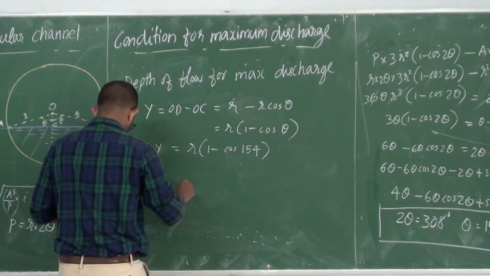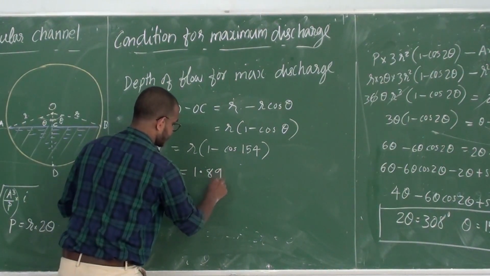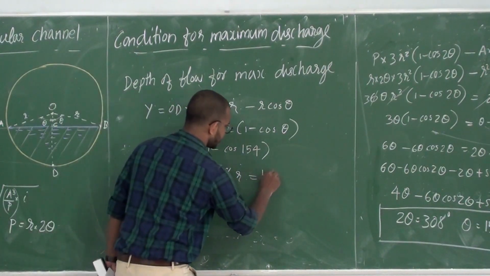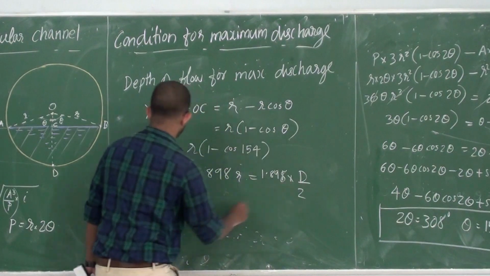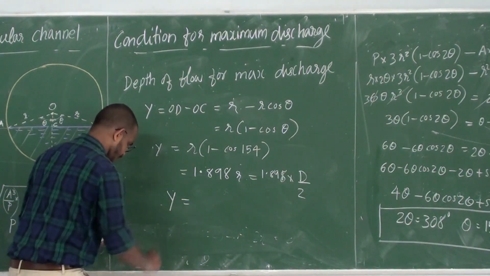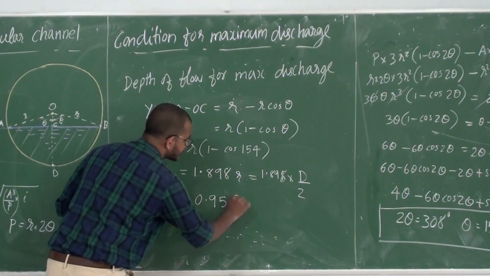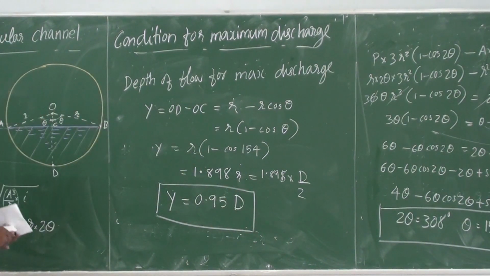So y is equal to 1.898 times the radius. This is equal to 1.898 into diameter by 2. So we will get y, the depth of flow for maximum discharge, as 0.95 times d.